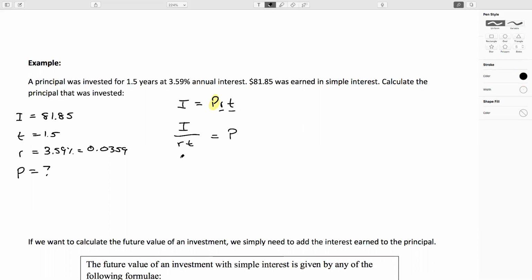81.85 was our interest earned, so 81.85 divided by interest rate R, which was 0.0359, times our term of 1.5 years. So we just have to put this in our calculators and solve for the principal.